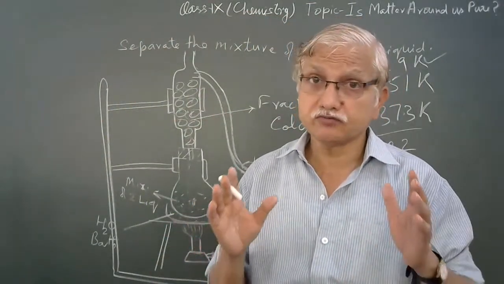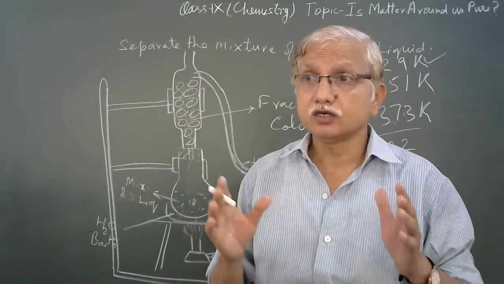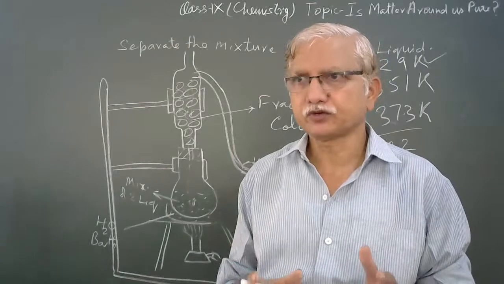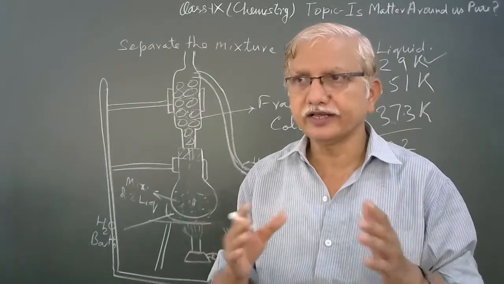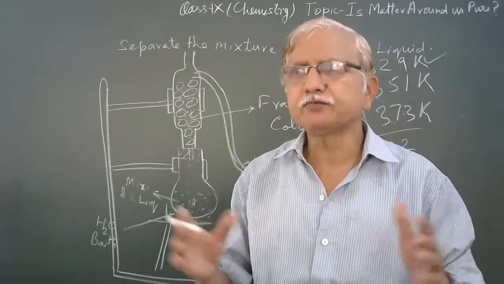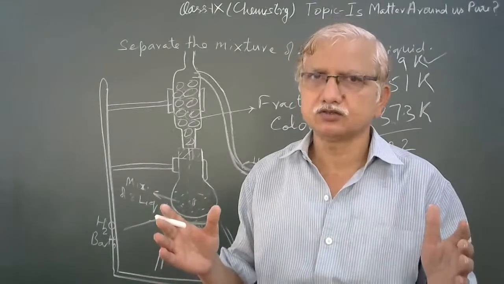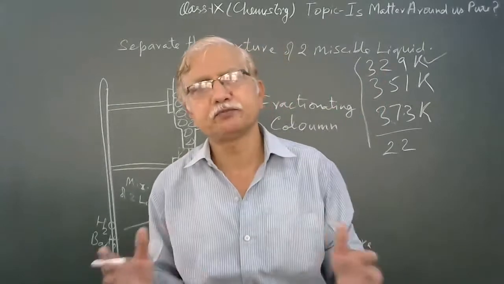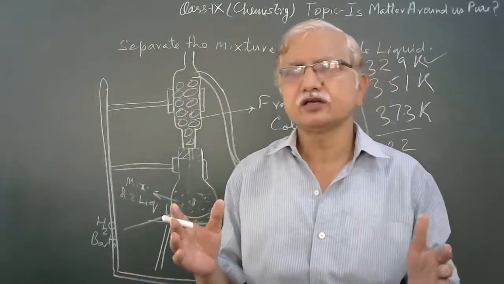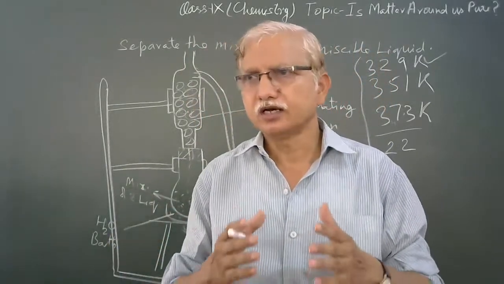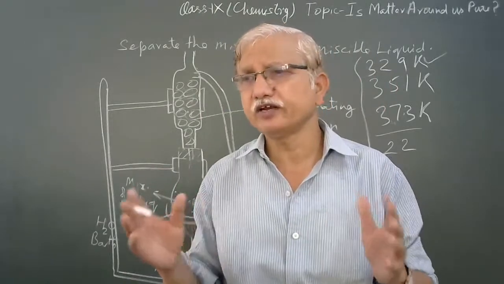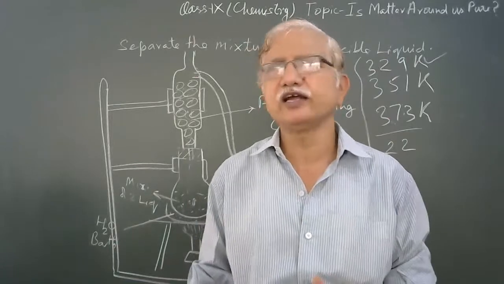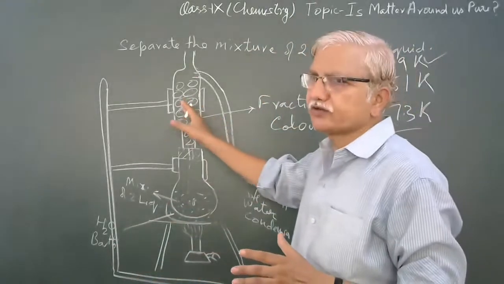So this process is very useful for separating the components of crude oil. Crude oil आप जानते हैं ना, जैसे पेट्रोल, डीजल, different type के components, different जो हमारे products है, petroleum products, वो separate करते हैं. Refineries, Mathura refineries, Assam oil refineries, so many refineries are there where we are separating the components of crude petroleum oil with the help of this fractionating column.